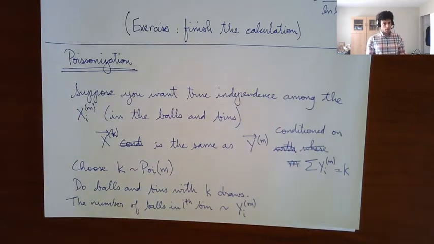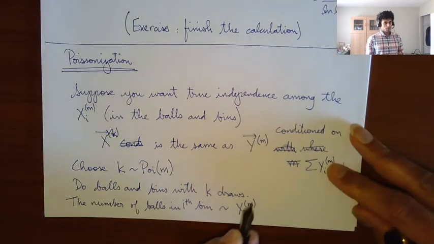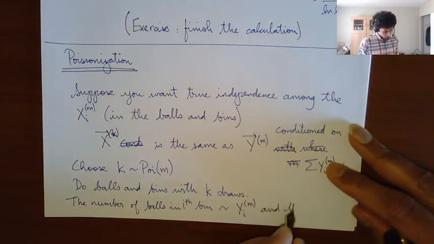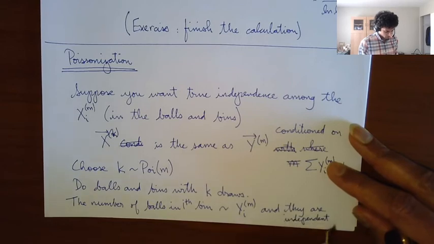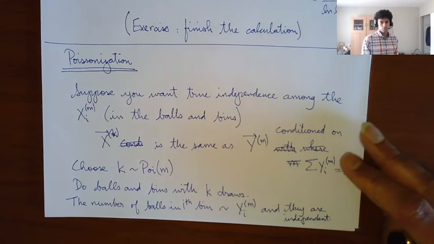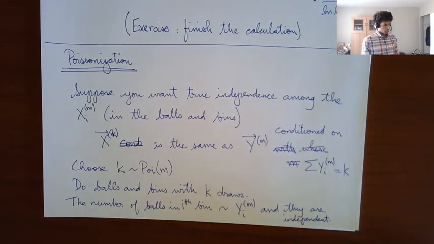And lo and behold, what you will get is that in each bin, the number of balls is distributed as a Poisson, and they are independent. And you get independence.